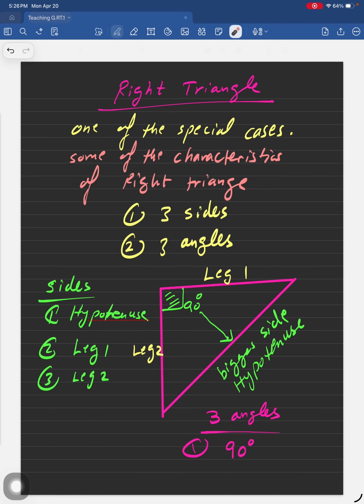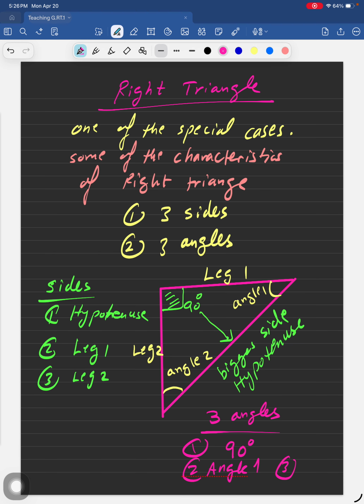We can call this angle 1, and this one angle 2. I want you to remember that as the right angle is 90 degrees, the other two angles, angle 1 plus angle 2 together, are 90 degrees.